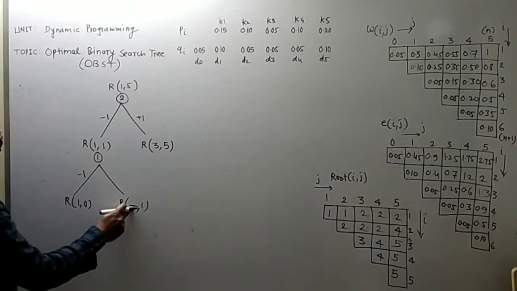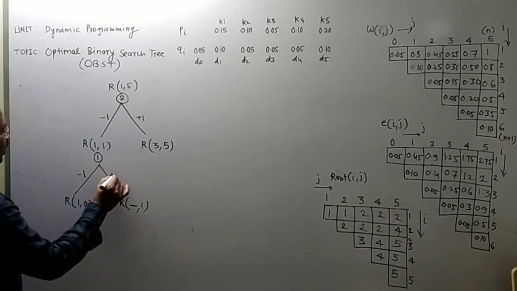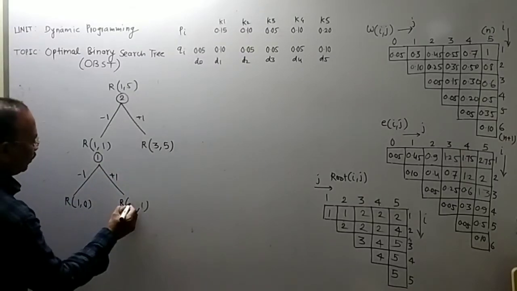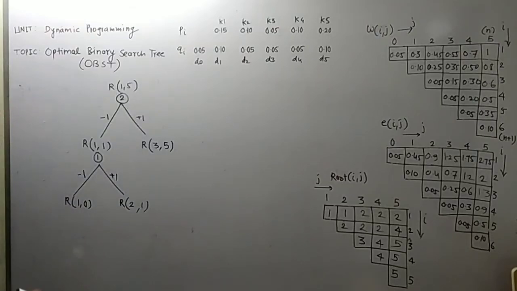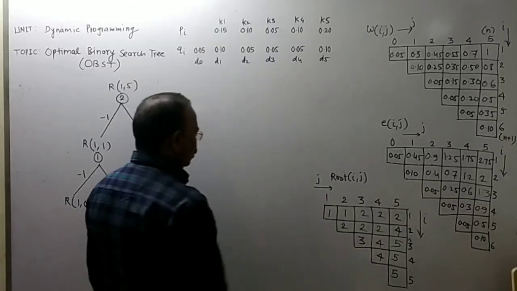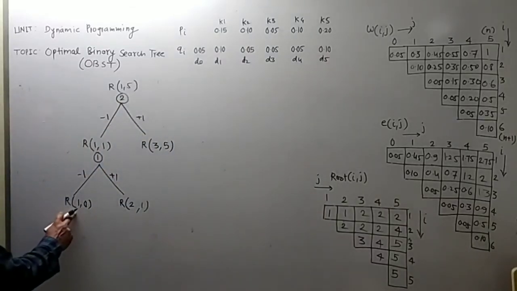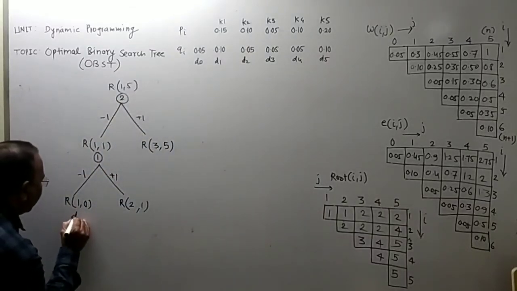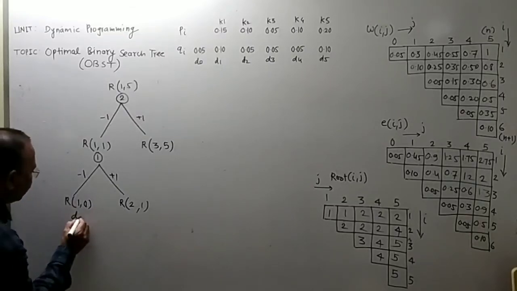For this cell the value will be 1 plus 1, that is 2. Now find which value is in the 1, 0 cell. The 1, 0 cell is not there, so we stop the process here with dj, j is 0.